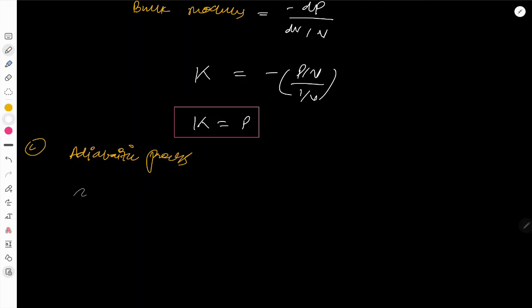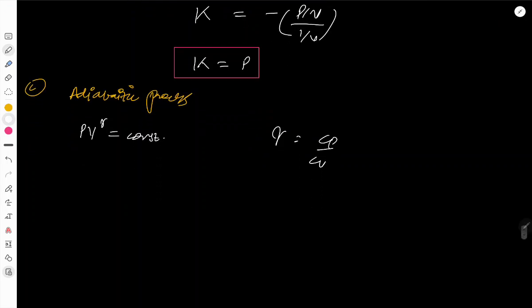For the adiabatic process, we need to remember PV to the power gamma is equal to constant, and that gamma is Cp by Cv as we saw earlier, and the adiabatic process is a vast topic, and we will continue about adiabatic processes in the next episode.